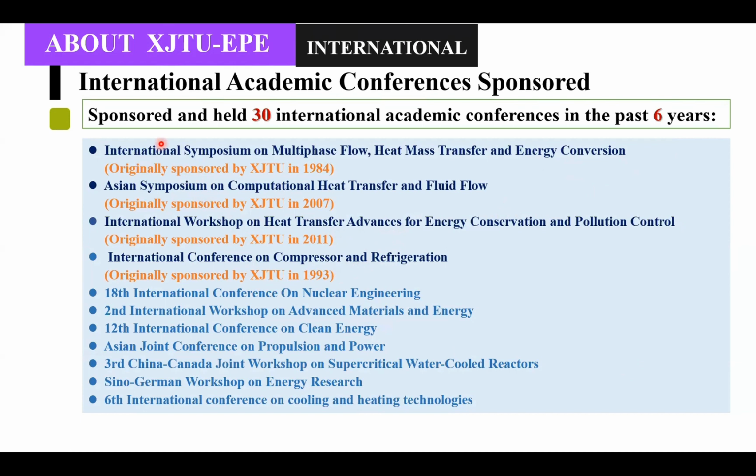For your information, four of these conferences were held as a series, and especially the first one started in 1984, and it is still going on and has a very large effect all over the world.